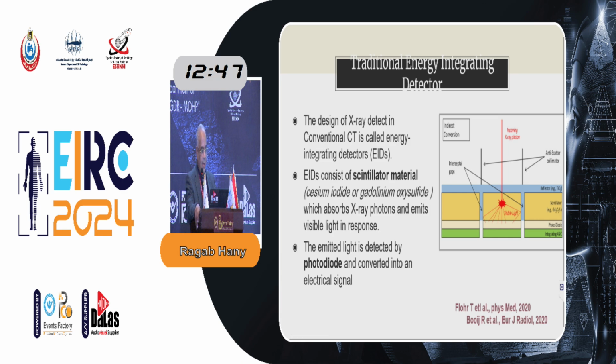Then the photodiode receives the light photons and converts them to an electric signal. This electric signal will be processed to produce the CT image all of us know. So we have three steps. First, the X-ray production, followed by production of light by the scintillator. Then this light will be transferred back to an electrical signal, which produces the image.